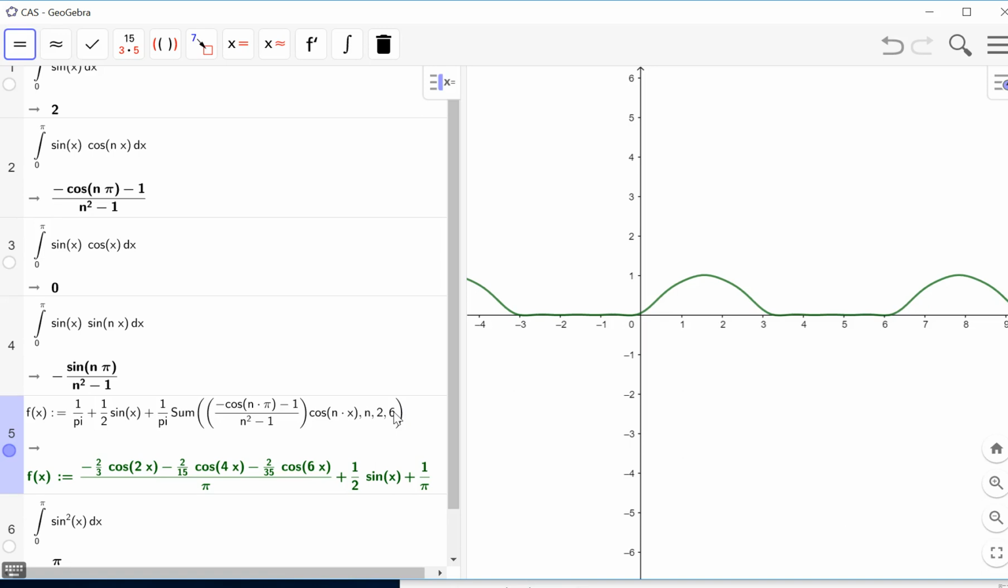Remember your A naught, the integral that you get for just the function, you divide by the whole period. I didn't put the 1 over pi in front of the integral to start with. If I would have, you would have had 2 over pi, and then you would have multiplied that by a half. So that's where the 1 over pi comes from.